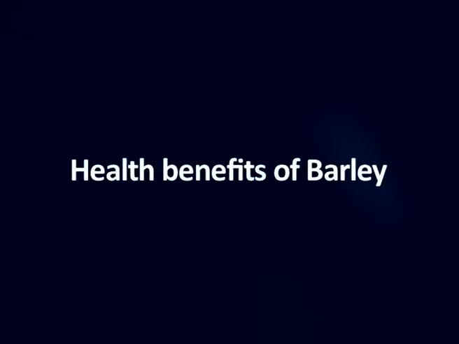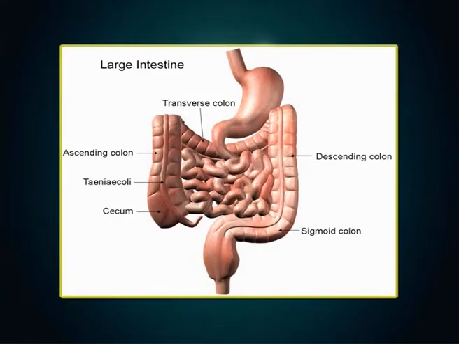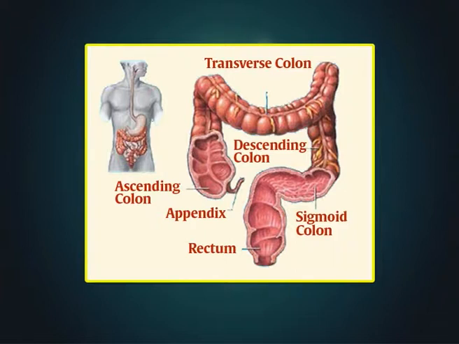Health benefits of barley. Barley is rich in dietary fiber, which gives food to the friendly bacteria present in the large intestines. These bacteria ferment the insoluble fiber content of the barley to form butyric acid that functions as the main fuel for intestinal cells. Besides this, it is functional in maintaining a healthy colon.